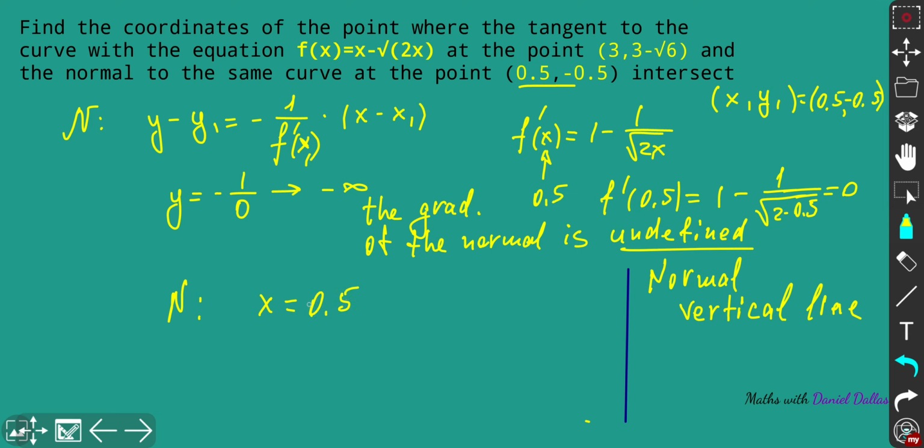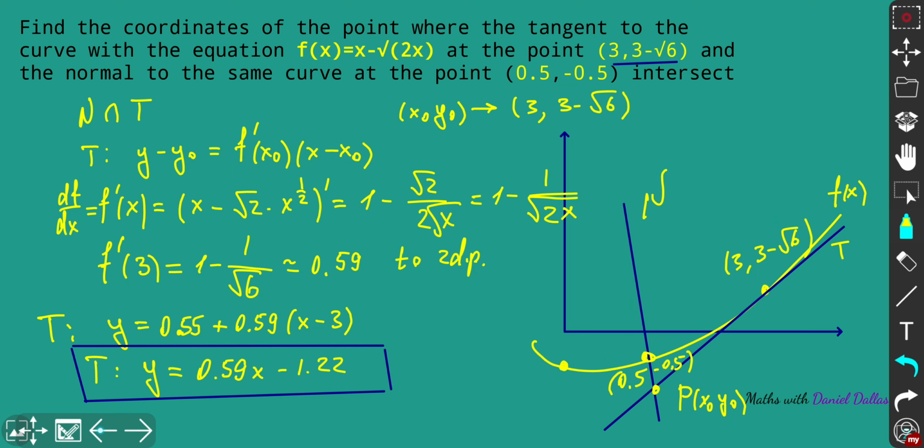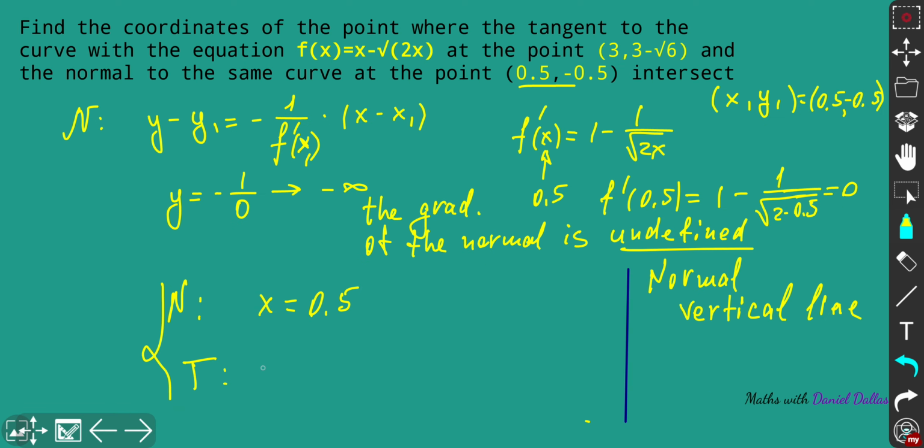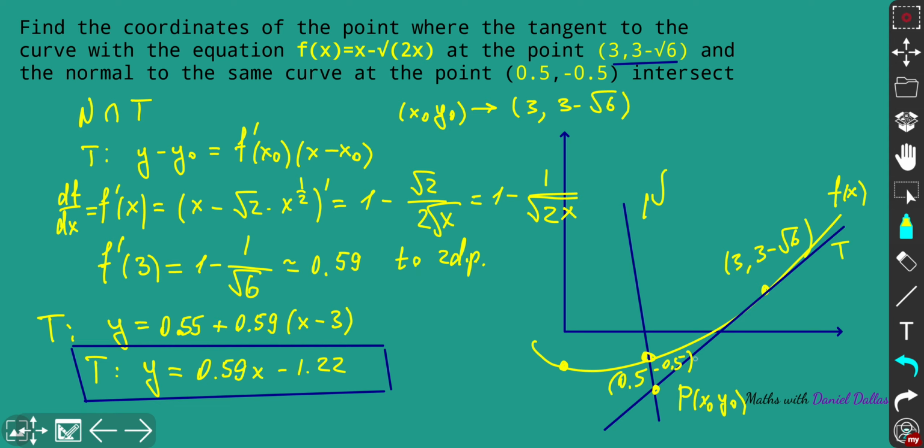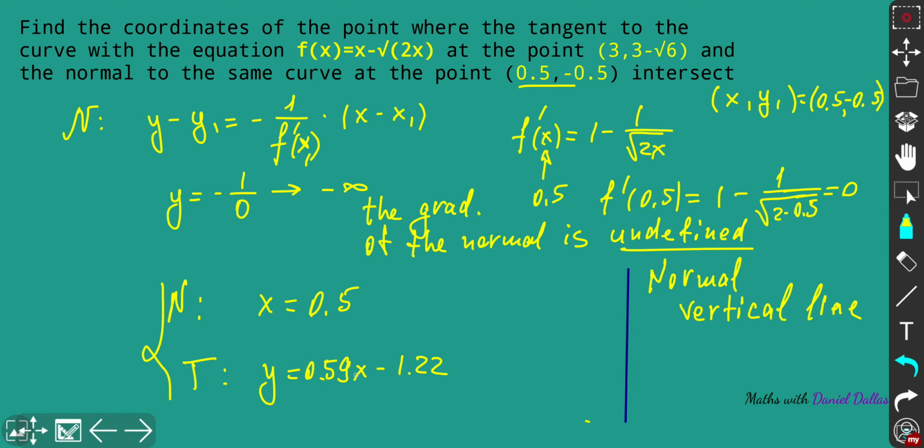Now what you need to do is combine this with the equation of the tangent line in order to solve simultaneously: y equals 0.59x minus 1.22. Simultaneously, because you're looking for the common point. One more time, let's go back to the graph. You're looking for point P with coordinates x0, y0, the common point of intersection of the normal with the tangent line.